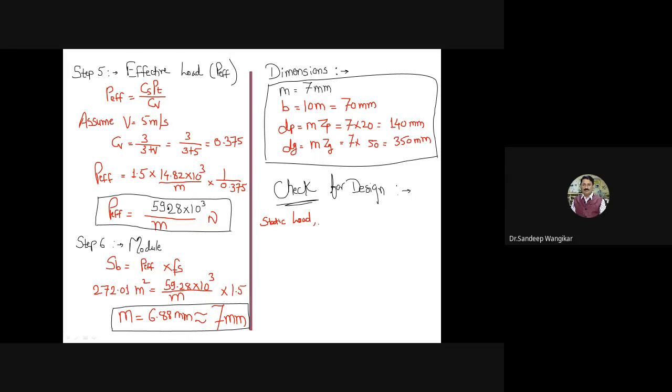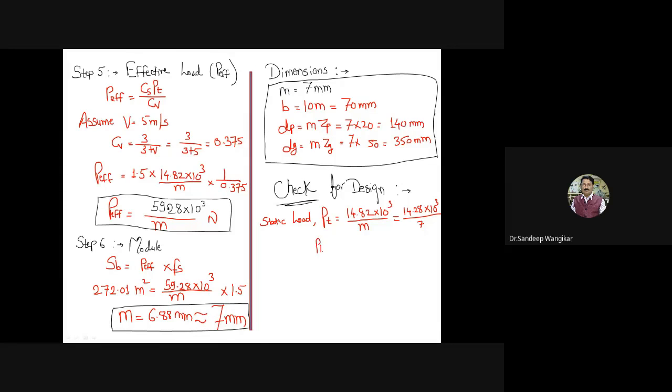I can say static load, PT is equal to, we have calculated already PT, 14.82 into 10 raised to 3 divided by module. So module is 7 millimeters. So 14.82 into 10 raised to 3 divided by 7.